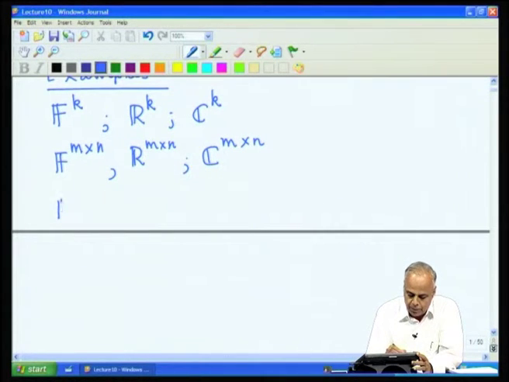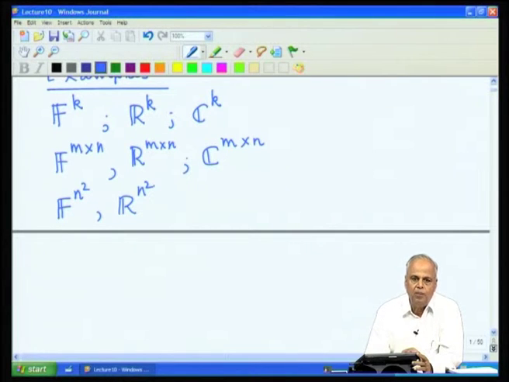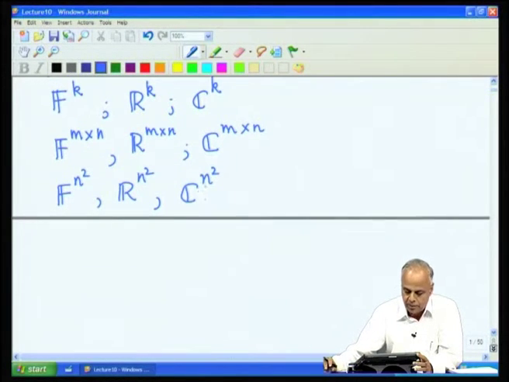In particular, if we take m equal to n, we get the vector space of all square matrices of size n by n. Similarly, when we take F equal to R, we get the collection of all real square matrices. When we take F equal to C, we get the collection of all complex square matrices.